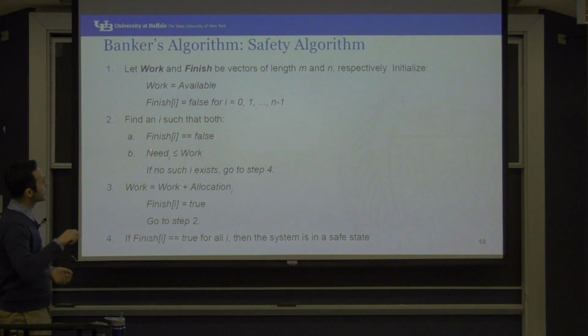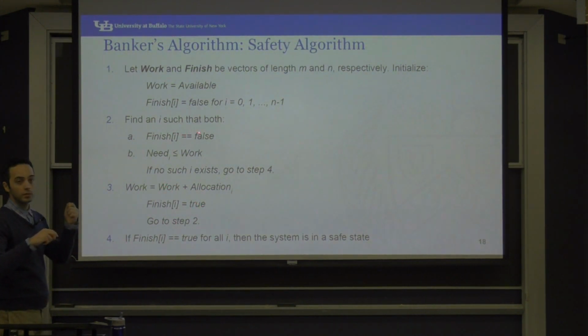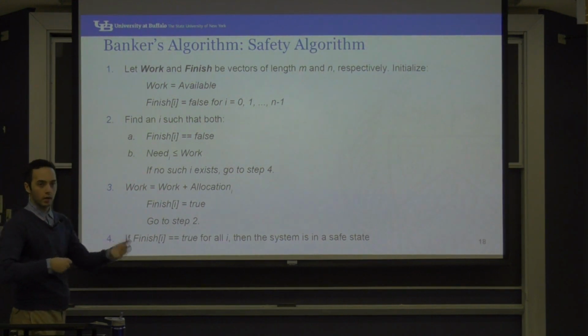So this is like the formal version. We find a process that is not finished and whose need is less than what we have, and once we find it, we let it finish, and whatever they have right now will be added to the currently available resources. And then they will turn to finished, and then we go back and find another process. Now we have more available resources. Now we go and find another one, and another one, and another one.